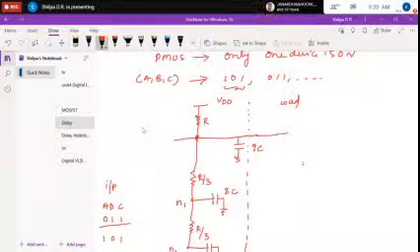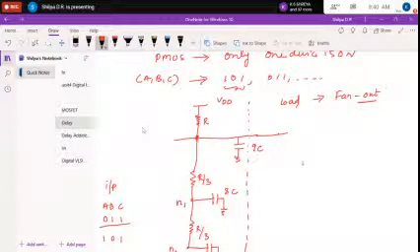Load means what? A fan out, right? How many such devices I want to connect. Let me take fan out as some H value. This defines how many load devices.